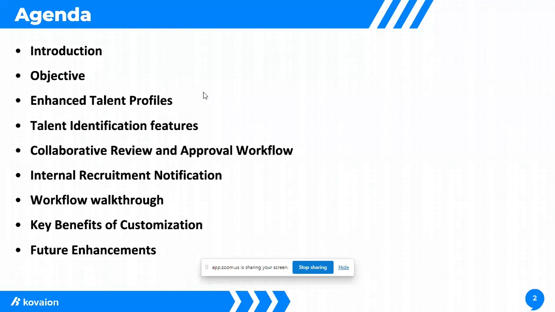Then comes the internal recruitment notification. We'll see the notification that the recruiter can see, which is a part of the recruitment module, and a workflow walkthrough where I'll show you a couple of images, followed by the workflow. And then we'll see the key benefits of these customizations and also the future enhancements.